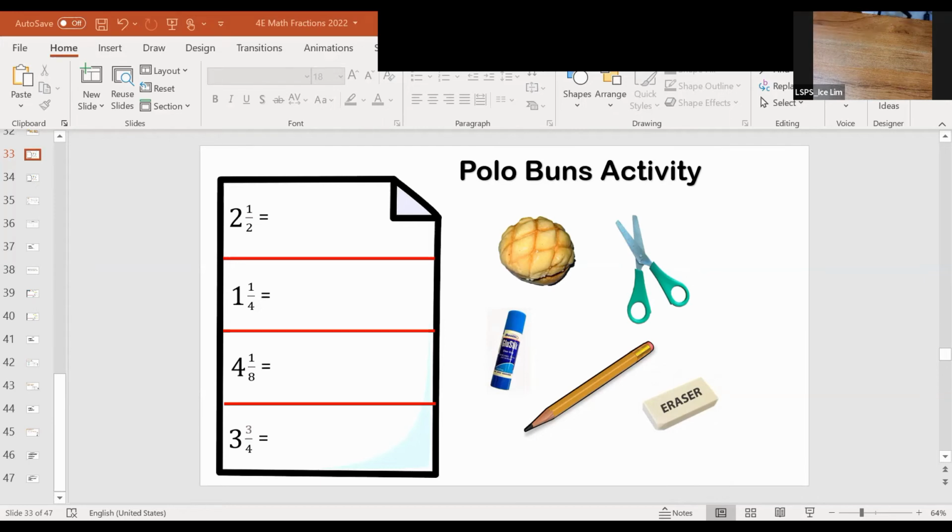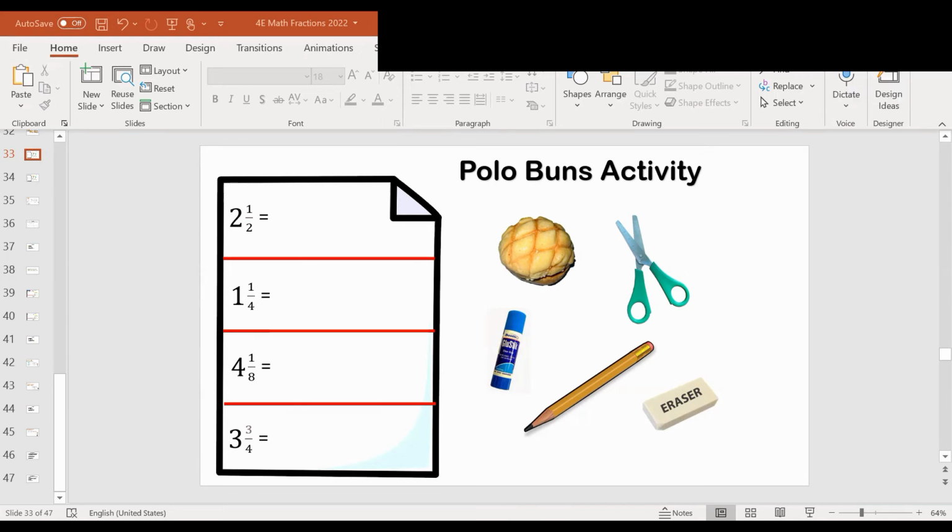Done. Okay, ready? I take photo. Here's your group members. Come. Photo.